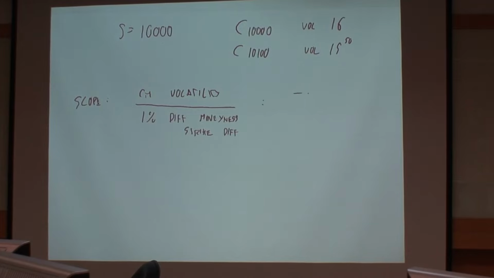So in this case, the slope is -0.5. A strike that is 1% higher, 100 points higher strike, is half a vol point lower. So that's an interpretation of that slope.